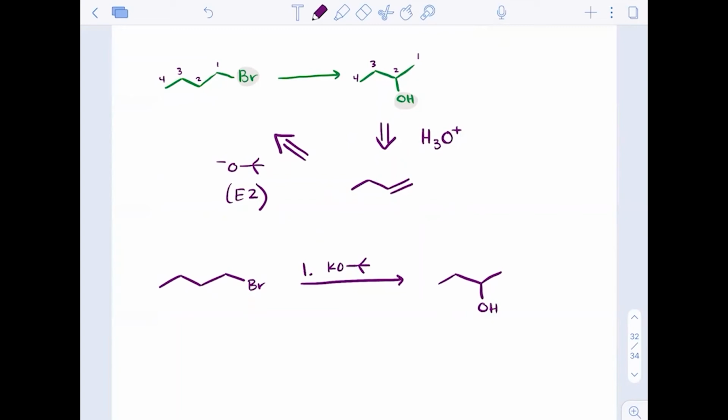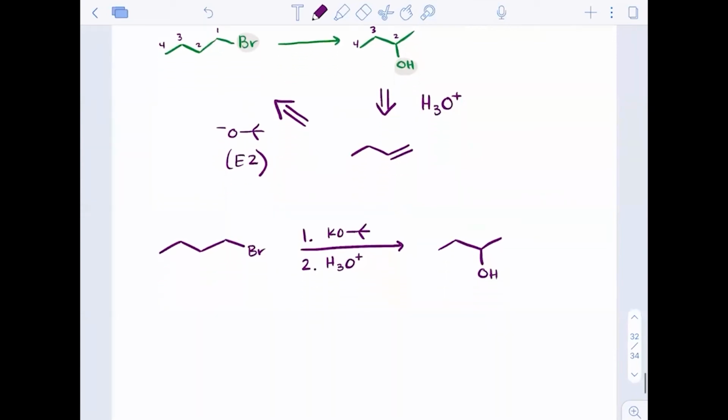We have a primary alkyl halide, so it likes to form substitution. I don't want it to substitute. I want it to eliminate. So make sure in that first step you have a large bulky base. Step number two, you take that resulting alkene and you perform acid catalyzed hydration. Carbocation intermediate there, it will form our product. No carbocation rearrangements for that one.